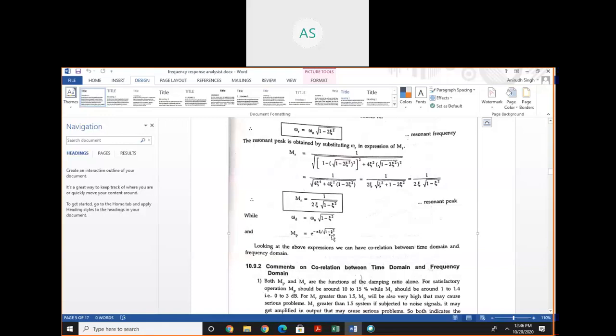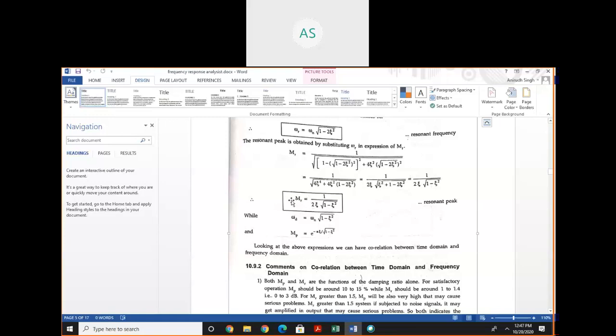Second point, when zeta or damping ratio increases, Mp decreases. Means as damping ratio increases, overshoot decreases, and when the value of zeta is 1, Mp reduces to 0, or the system does not produce any overshoot.